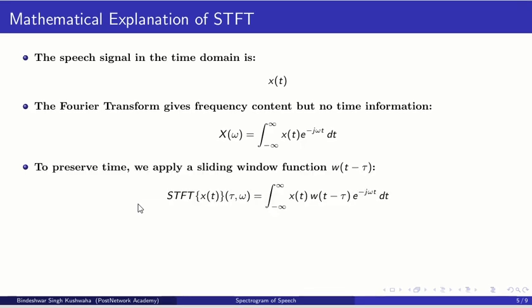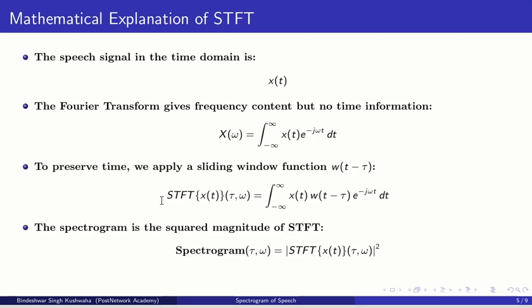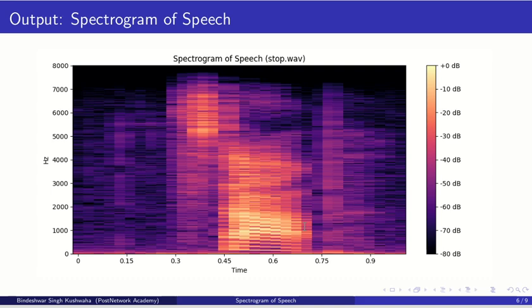So to preserve time, we apply a sliding window function w, and the spectrogram is the squared magnitude of the STFT, and that is the spectrogram which would be plotted. This is the final one we have seen.